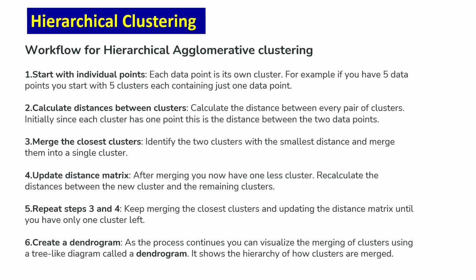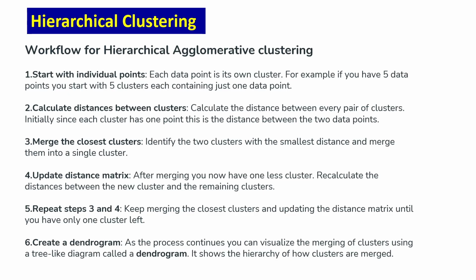So, what is the workflow in machine learning? Start with individual points, each point as a cluster. You may have 5 data points, consider them as 5 clusters. Then calculate the distance between the clusters.